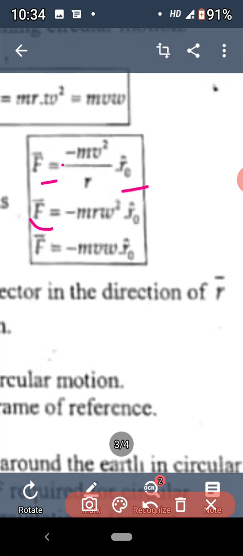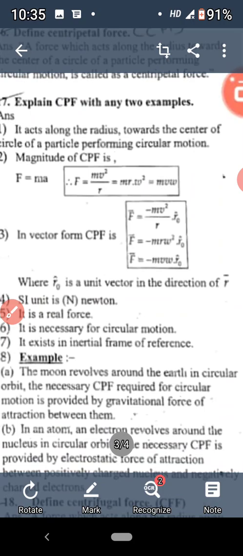Similarly, for another formula, instead of v square upon r, if you use r omega square, the formula becomes F is equal to minus m r omega square into r0 cap. The third one: vector F is equal to minus m v omega into r0 cap. So in this way, that force can be written in vector form.